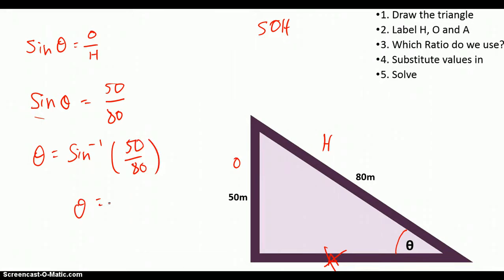And the value for theta you should get for this is 38.68 degrees. So the only thing that we need to consider is this sine minus 1 in this last step here.